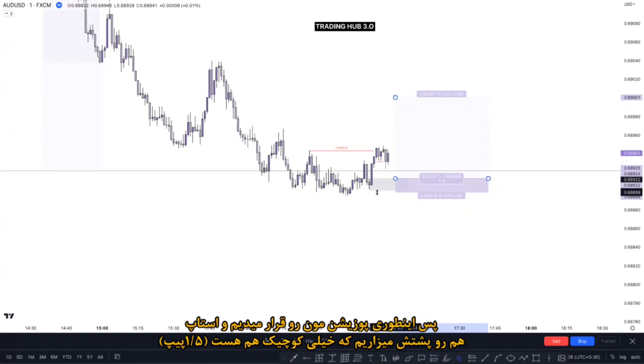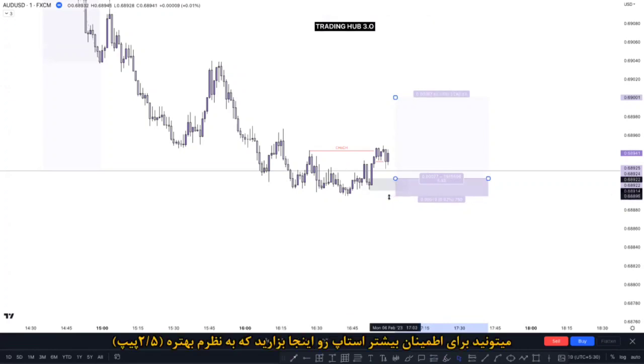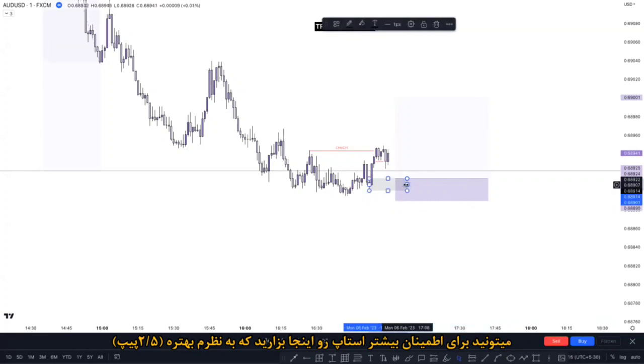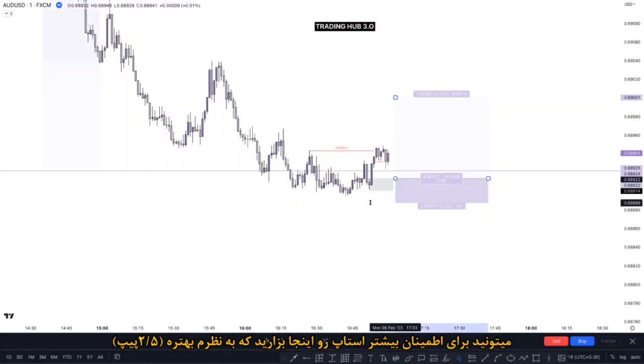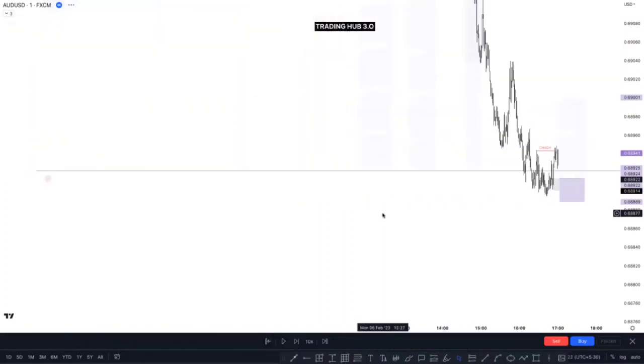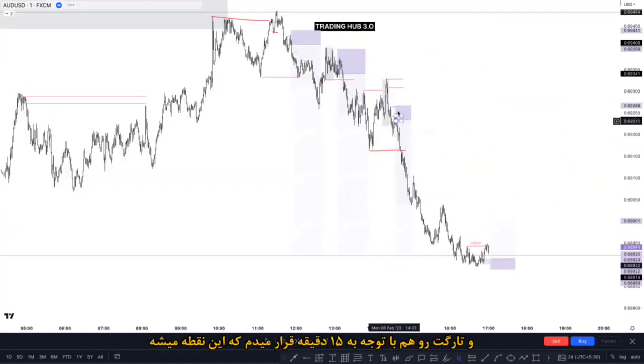This is a very small stop loss, 1.5 pips. For the safer side, you can put it just below it, right? This is a very good stop loss here, 2.5 pips. And where is the target? Target almost here.